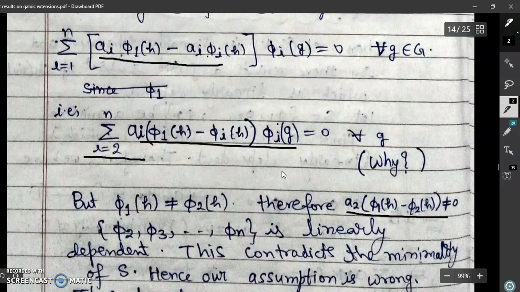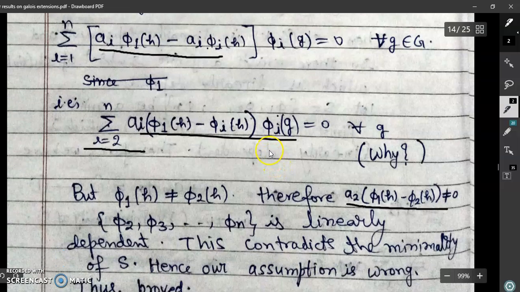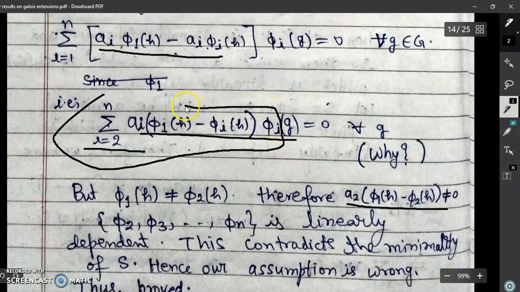It suggests that phi 2, phi 3, phi n. Now observe that since this is 0 for all g, this summation is 0.